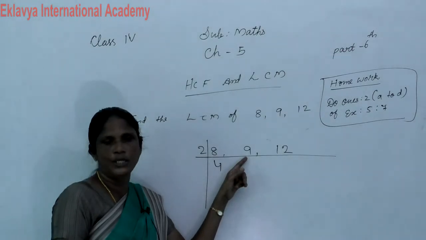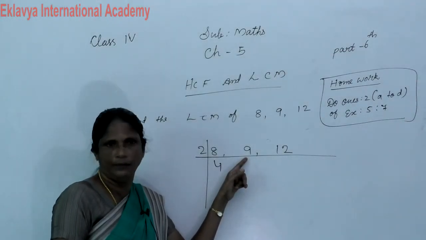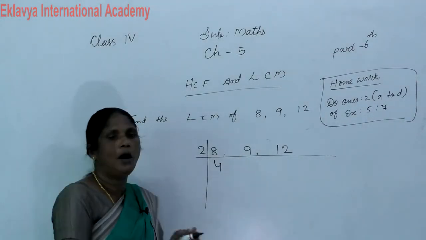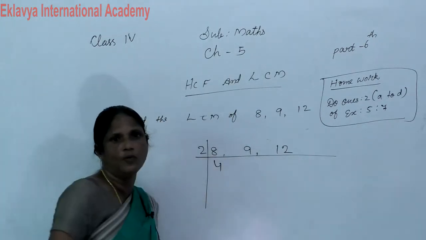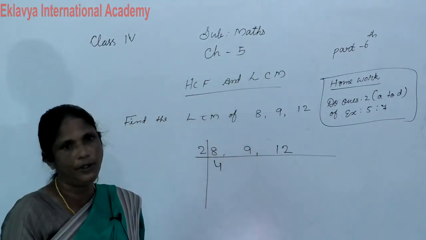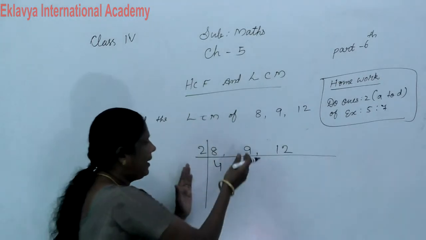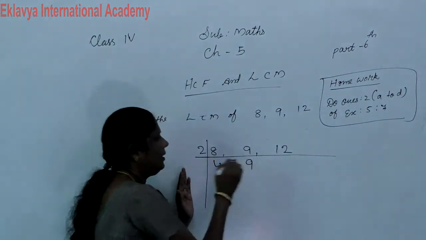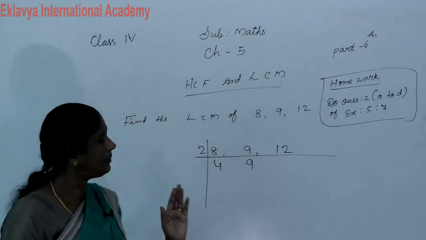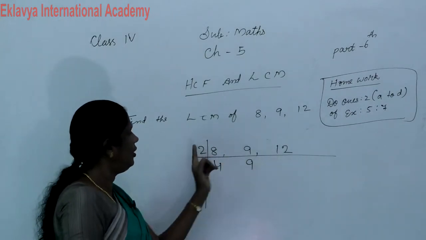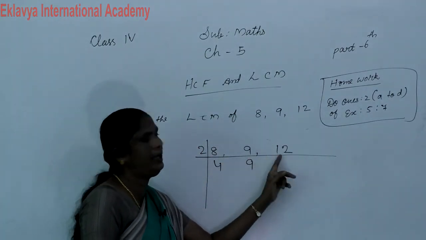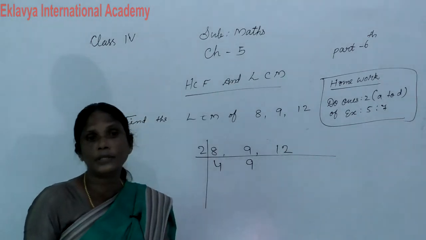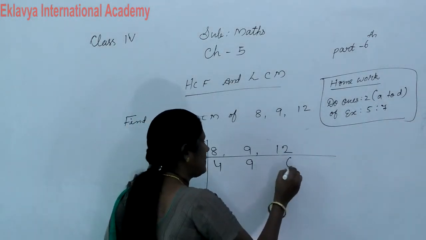No. 2 does not come in the table of 9. Then what do you do? As it is, you write it downside. 9 comes downside. Then next, the table of 2, how many times does it go in 12? 6 times.